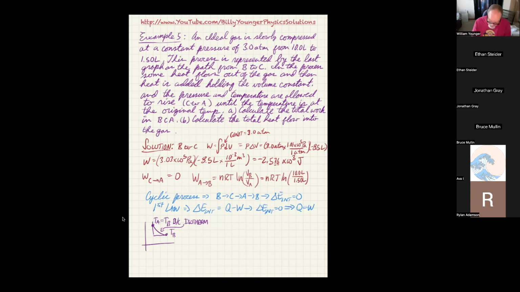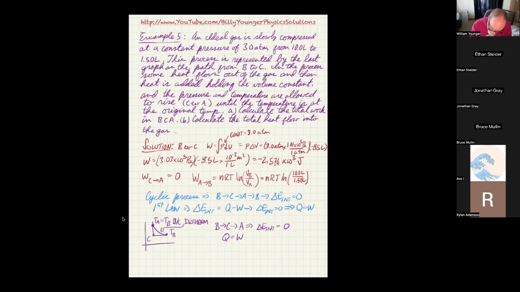Going from B to C to A, since I treat it as an ideal gas, that implies delta E internal is also equal to 0. And that means Q is equal to W. And I've already calculated that W is 0 here.